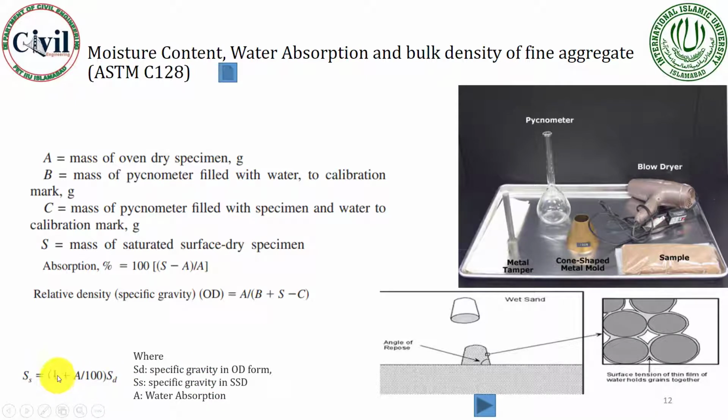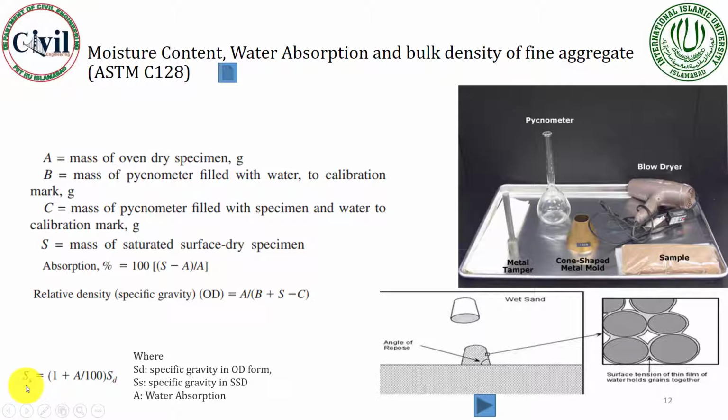In this formula, which is basically the absorption plus 1, for example, if the fine aggregate has a water absorption value of 2.3, it would be 1.023 multiplied by this specific gravity. So you will get the SSD form of specific gravity.